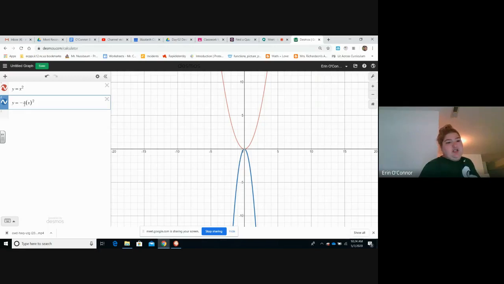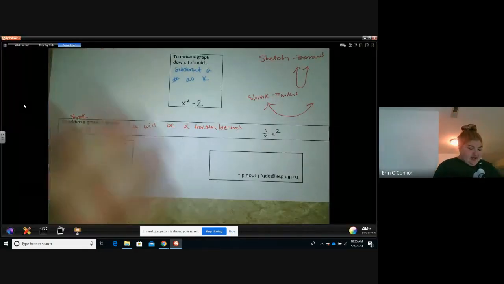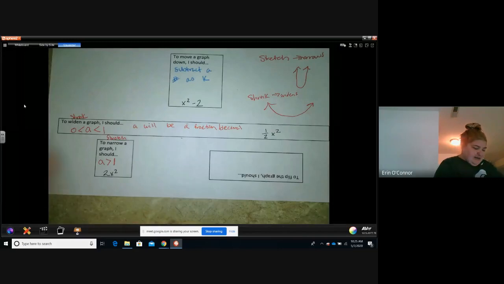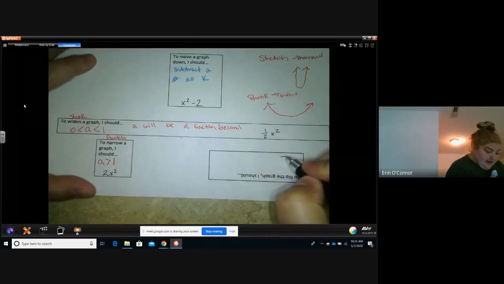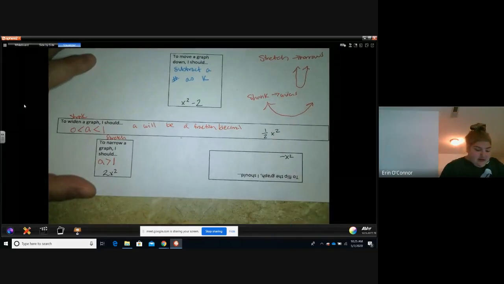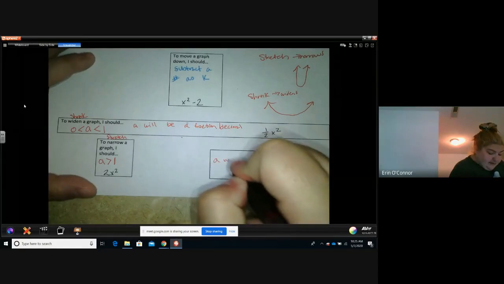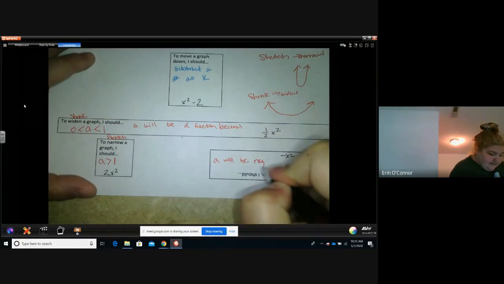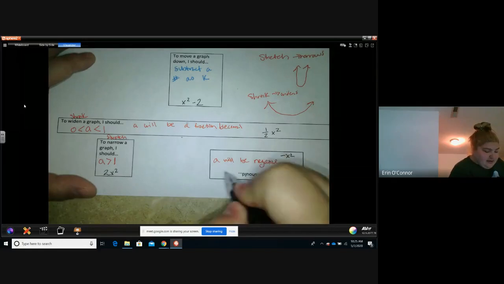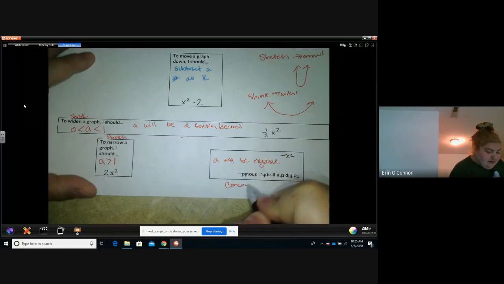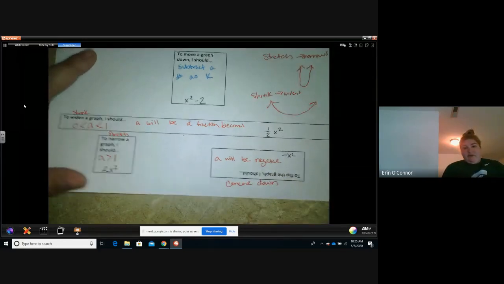Could be a -0.2. That's going to flip and widen. It's just that a negative has to be in front. So to flip the graph, you're going to have a negative in front. So A will be negative. And that's when you get concave down, if you remember that.